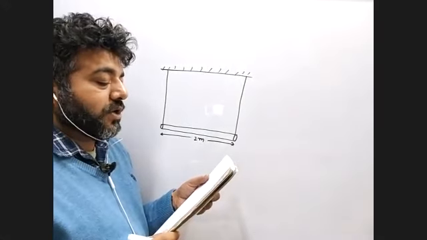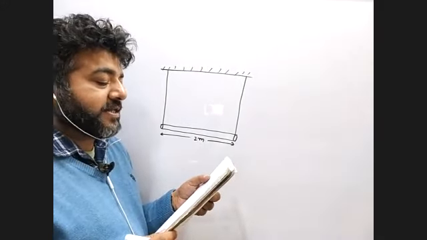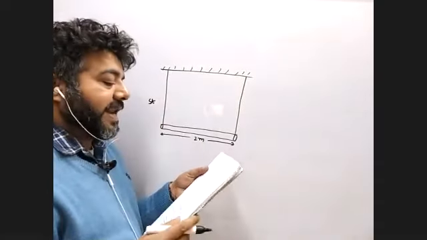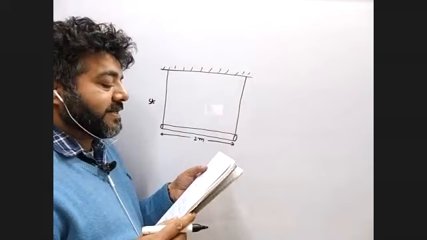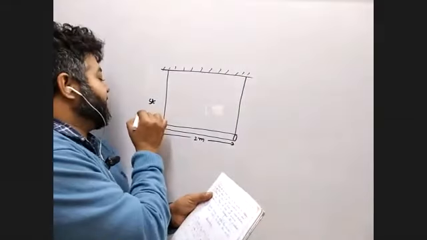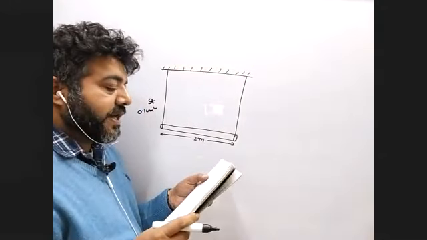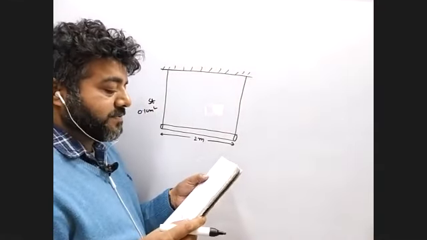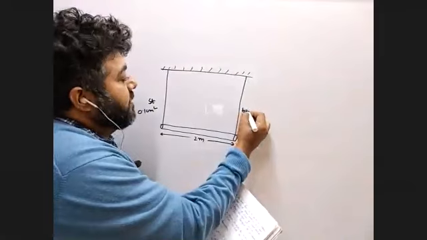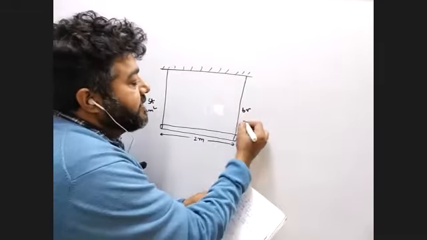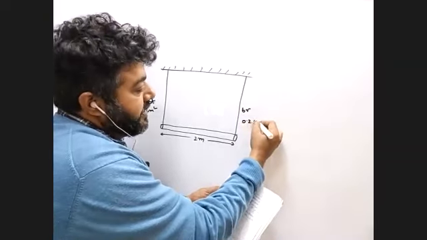One of the wires is made of steel. This one is steel, of cross sectional area 0.1 centimeter square, and the other one is brass of cross sectional area 0.2 centimeter square.